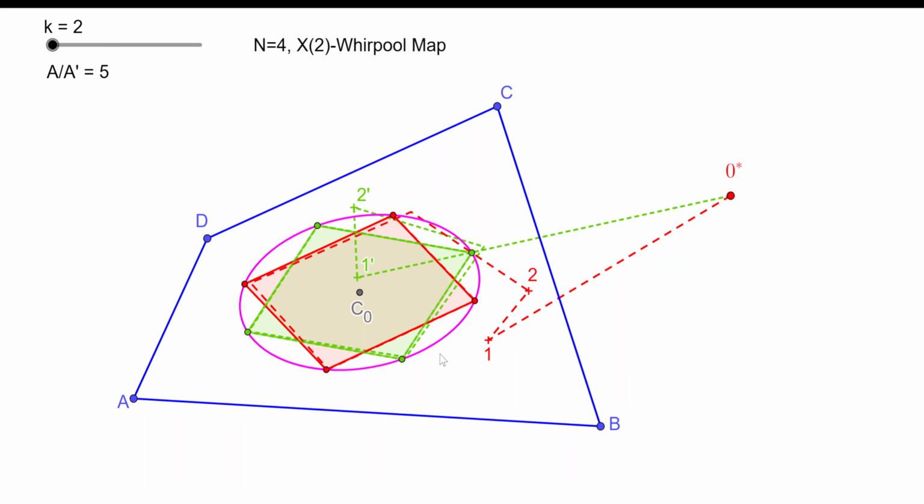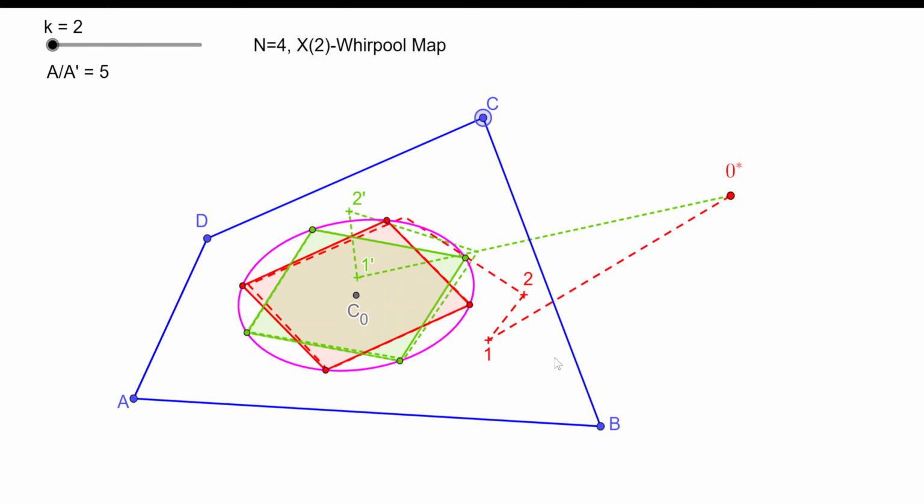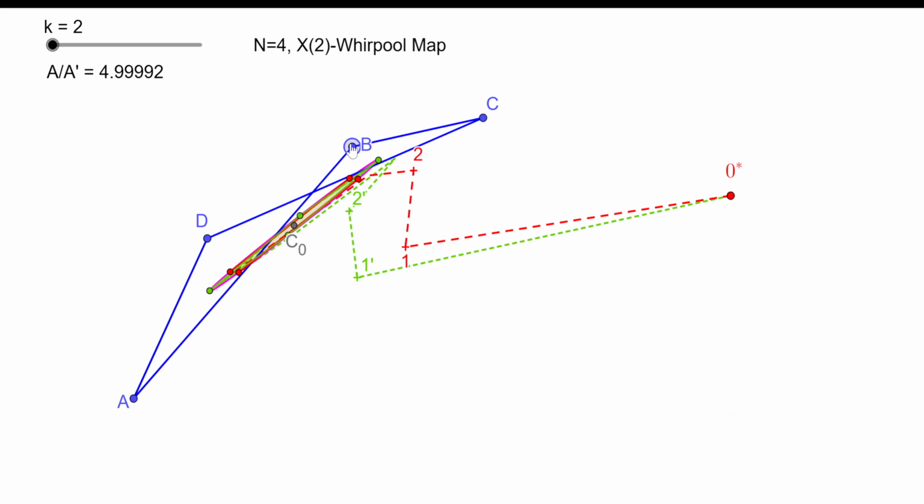Interestingly, the 8 vertices of these 2 parallelograms fall on an ellipse. The center of the ellipse, C0, is the average of ABCD. Okay, so there's a lot of harmony here.